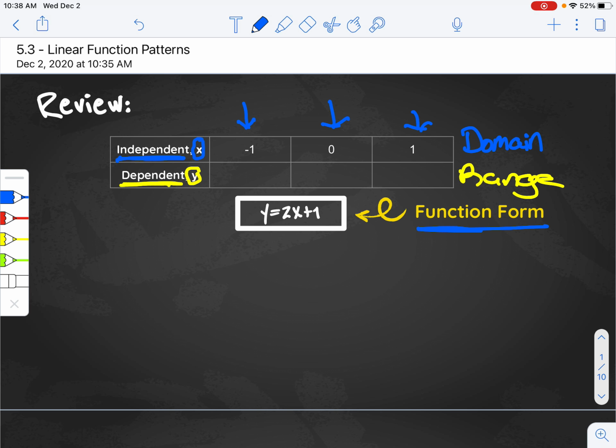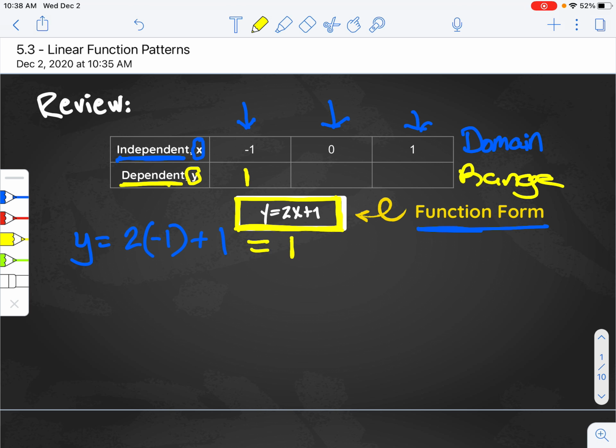So we take those independent variables. If we start with -1, or those independent numbers, and we put it into our function, y equals 2 times -1 plus 1. 2 times -1 is -2, plus 1 would just give us -1, and that gives us a dependent variable because this y value is dependent on what our function is.